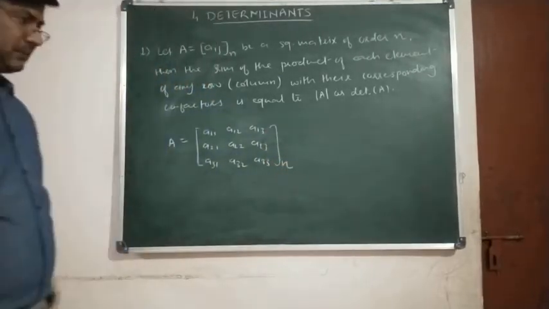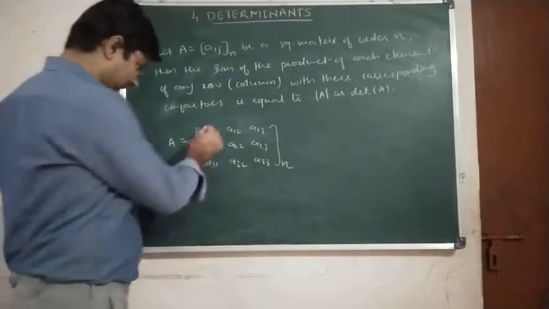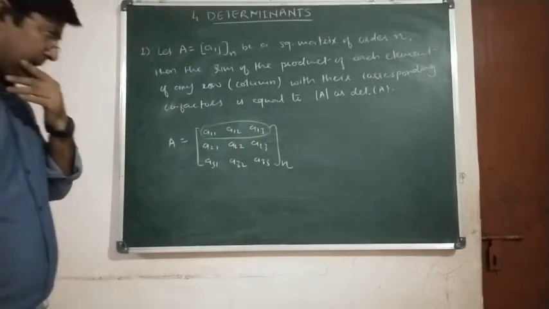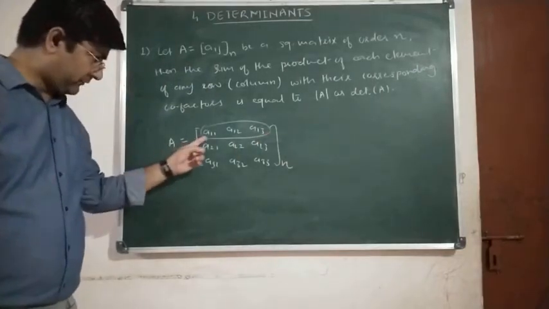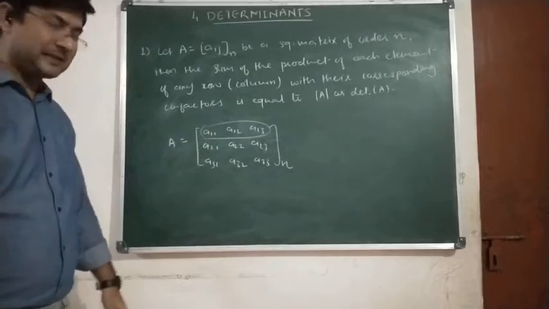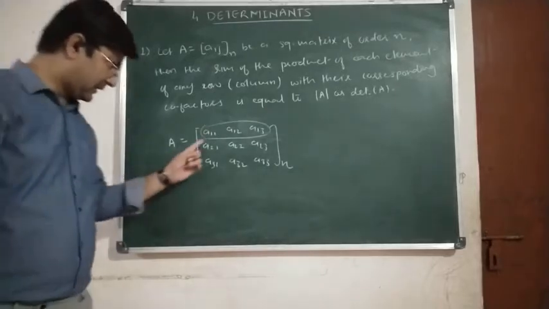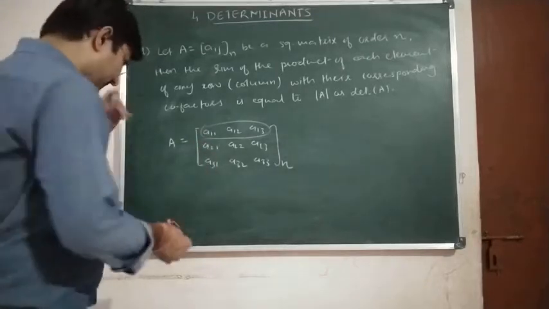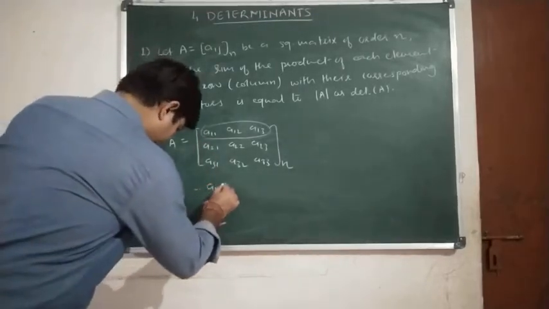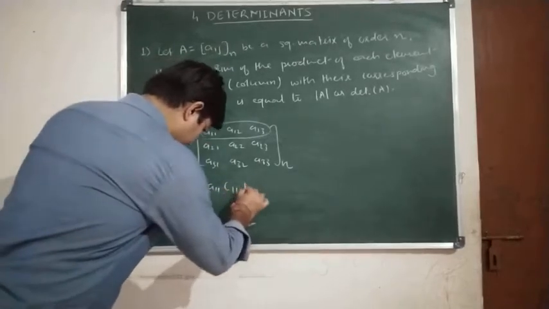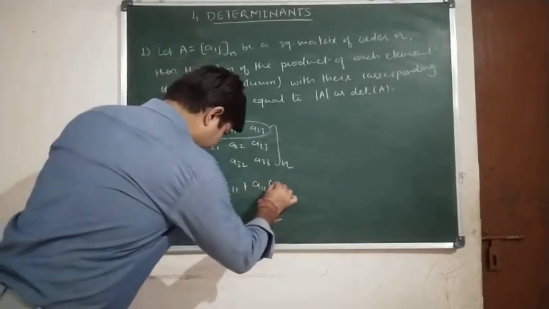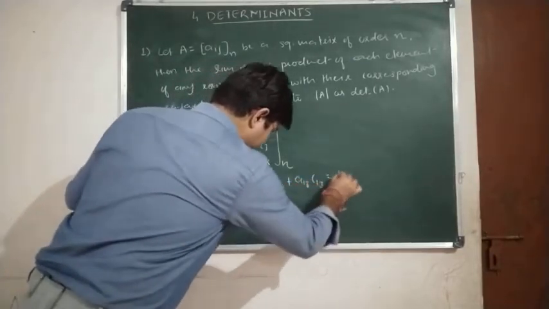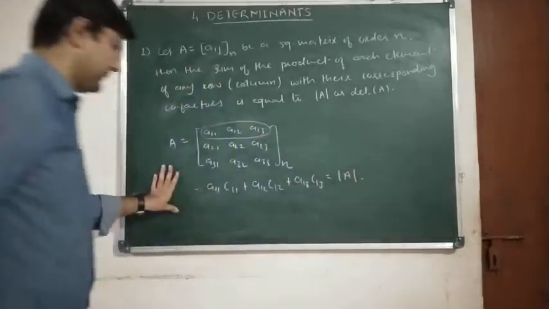Let us take the elements of the first row, and let the cofactors of the elements be denoted by Cij. Then if we take the product of each element with their corresponding cofactors, A11 into C11 plus A12 into C12 plus A13 into C13 is equal to determinant of A.